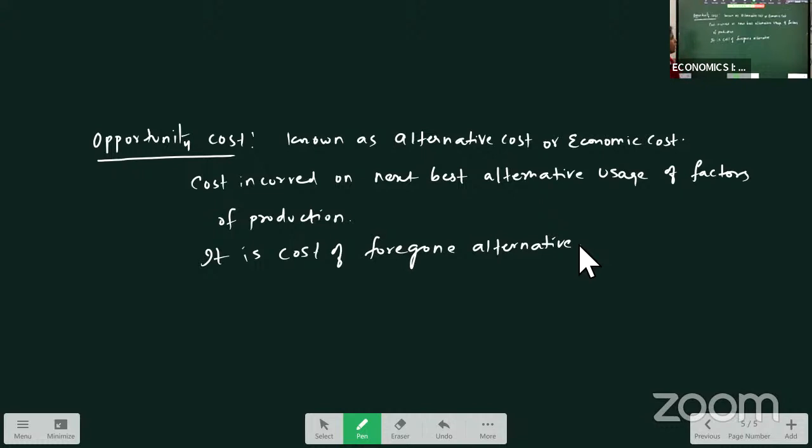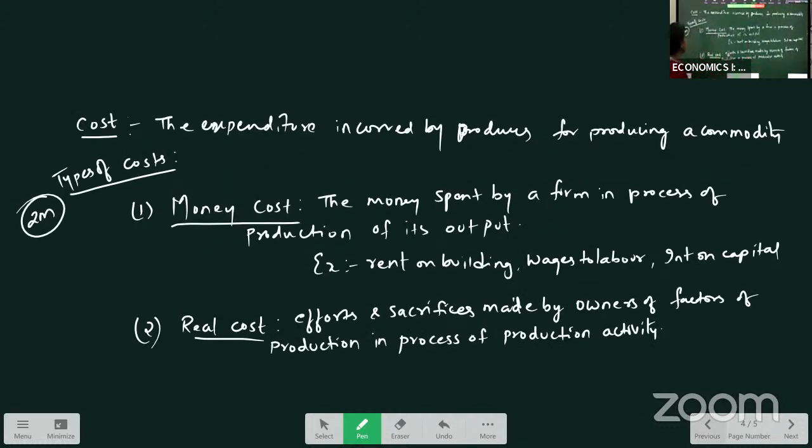So these are the 3 types of cost we have. What are the 3 types of cost? Money cost. What is money cost? The money spent by a firm in the process of production of its output is called money cost. Next, what is real cost? The efforts and sacrifices which are made by owners of factors of production in the process of production activity. Means the owners of factors of production will sacrifice their time or efforts to make that product.